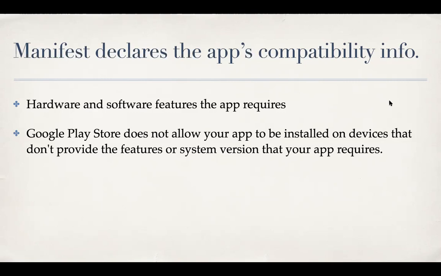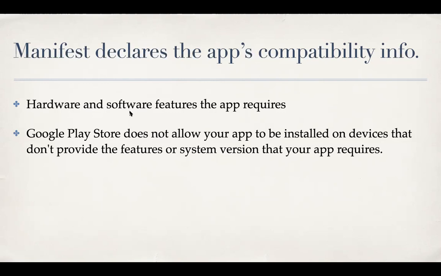So such information can be included in the manifest, and then Google Play Store will decide whether the device supports it and whether it should even allow the app to be installed or not. So you might have seen things like, okay, this device does not support this particular app. So that's where it's coming from.